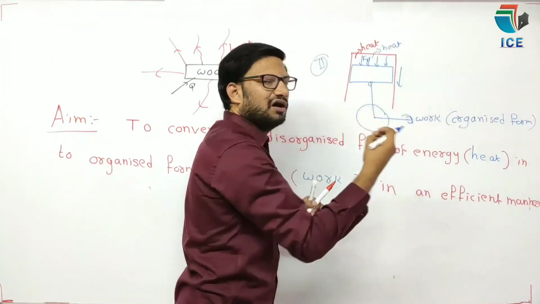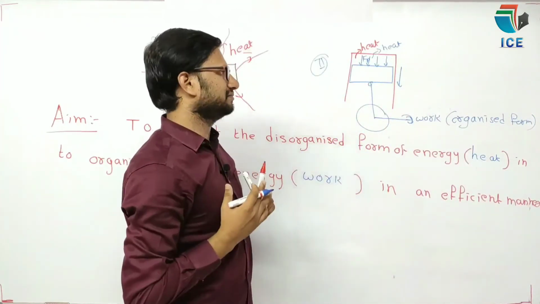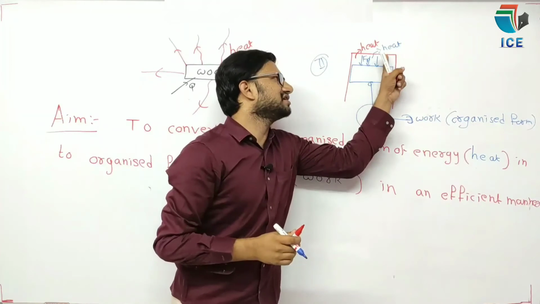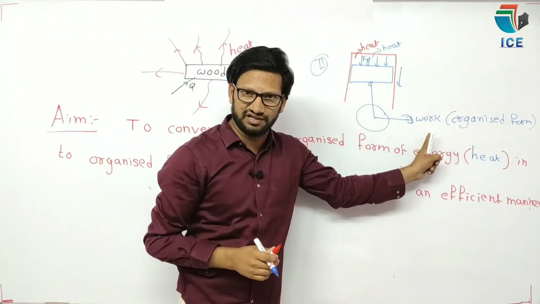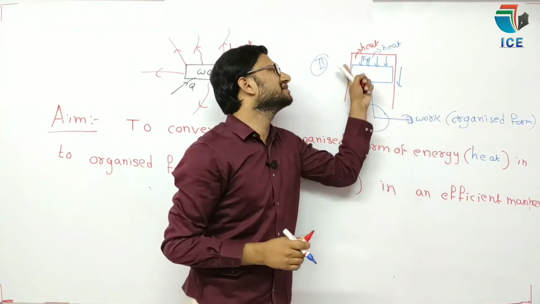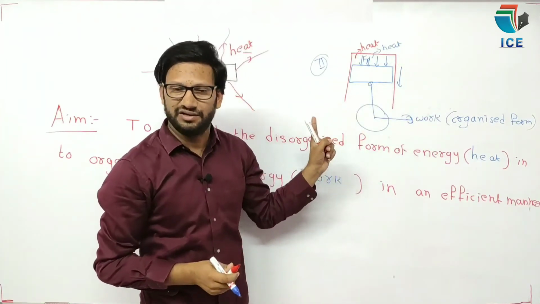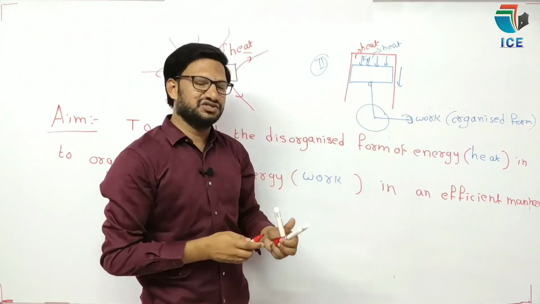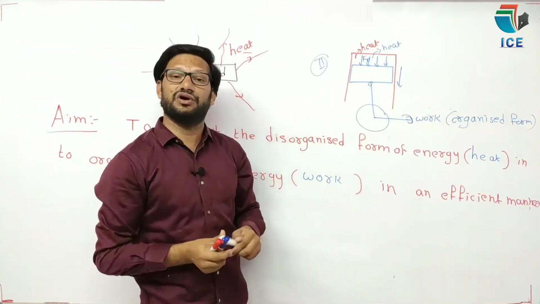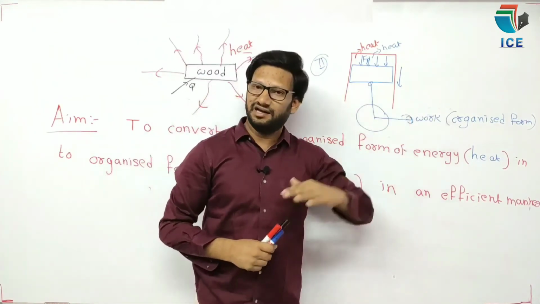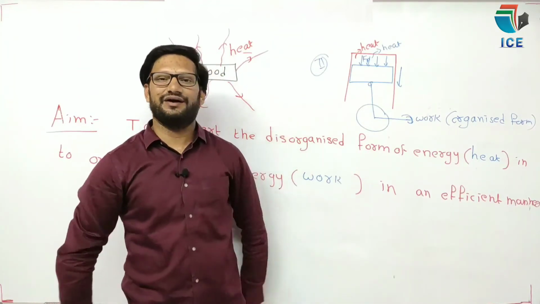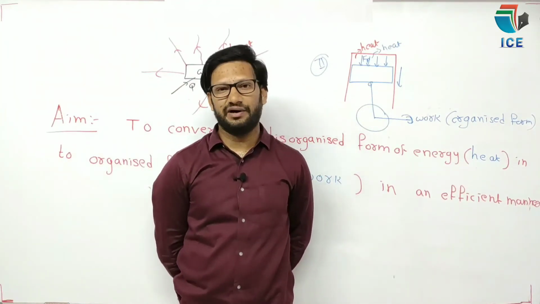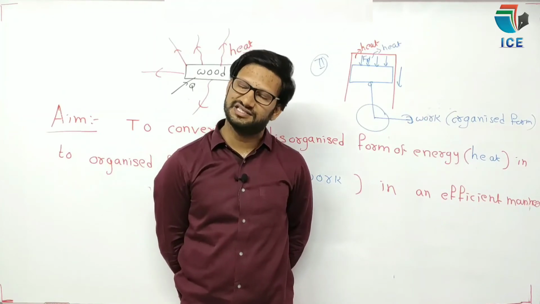There must and should be some constraints to convert the heat into mechanical work. Right. Why I called work an organized form of energy, I will discuss in a practical manner.